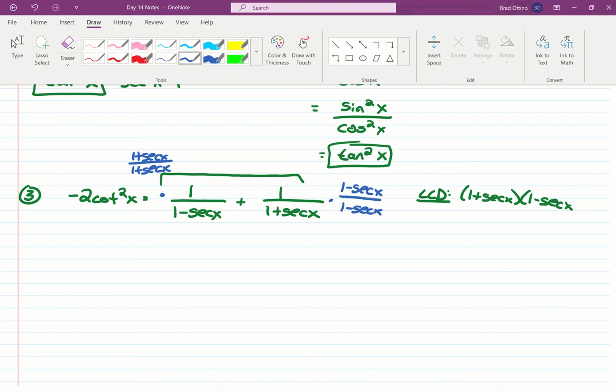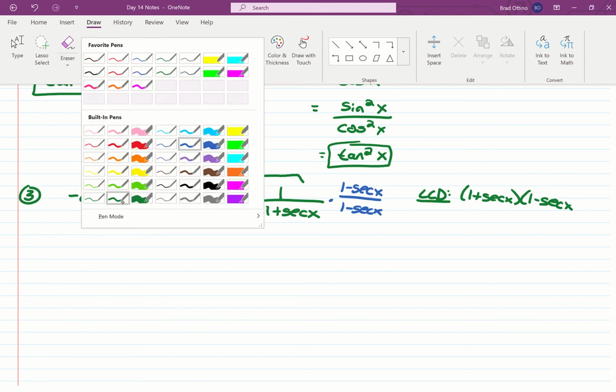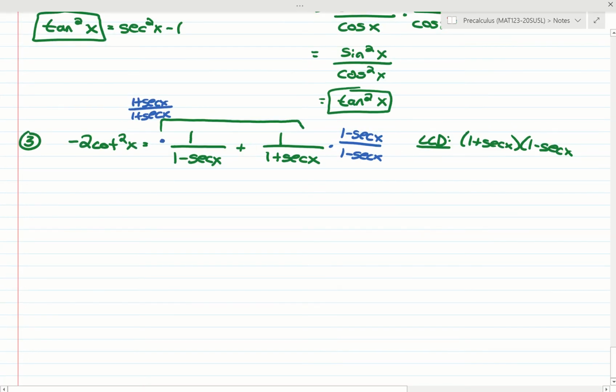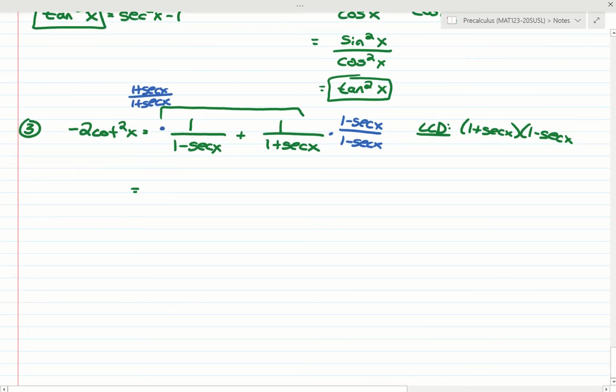And let's see what we get. Because they would have the same denominator, I'm going to have 1 plus secant of x times 1 plus 1 minus secant of x times 1 all over the same denominator, which was 1 minus secant of x times 1 plus secant of x.